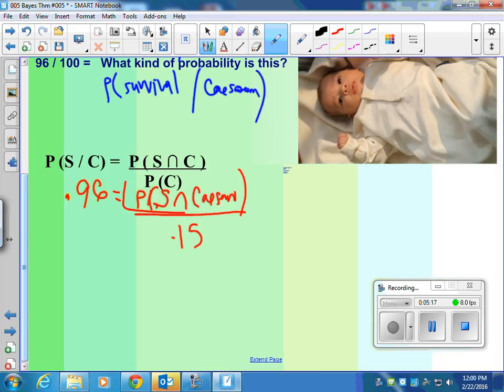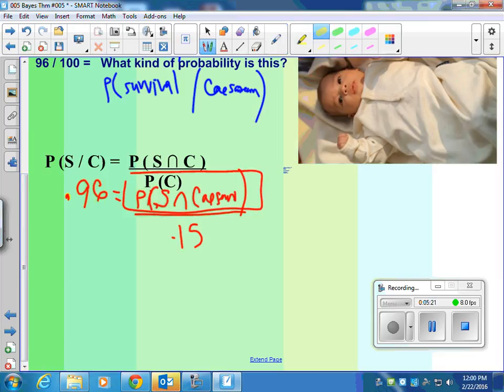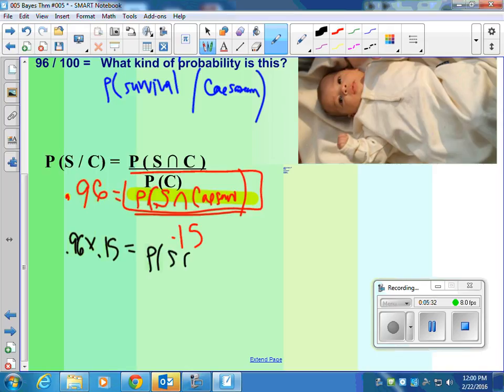So if we're solving for this, you're going to get 0.96 times 0.15, and what is that? Is this going to be like 0.148 through calculators? I don't have it, but that's what I would guess, around 14%.